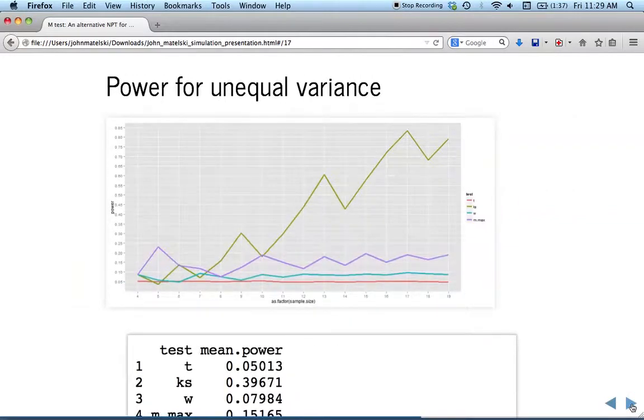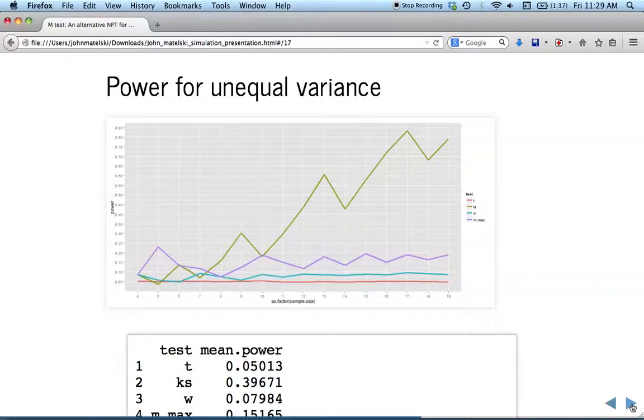Okay, power to detect unequal variance. So here the means of the normals were both 0, with a standard deviation of 1 for the first sample and 9 for the second sample. So really that second sample had a pretty huge variance compared to the first one.